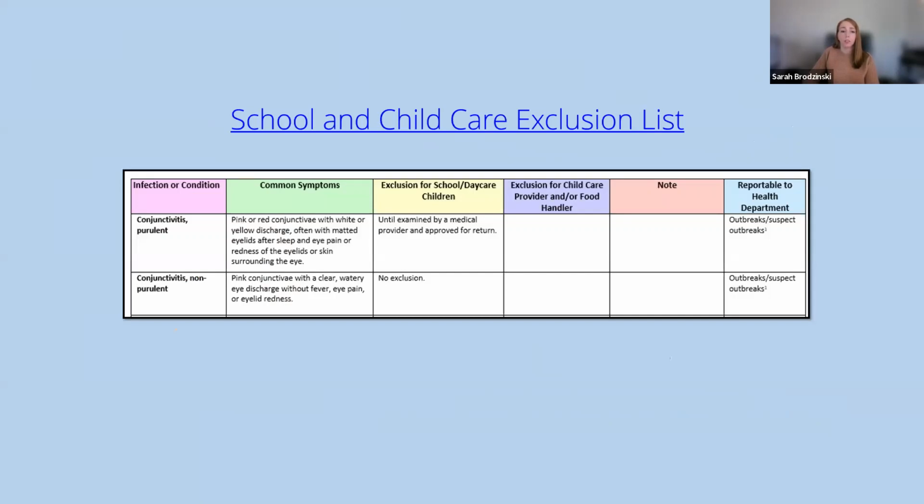Those with purulent conjunctivitis will need to be excluded until they are examined by a medical provider and cleared to return to the child care center or school. Those with non-purulent conjunctivitis do not necessarily have to be excluded unless they have additional symptoms, as non-purulent conjunctivitis can be due to allergies or some other eye irritation that isn't necessarily contagious.